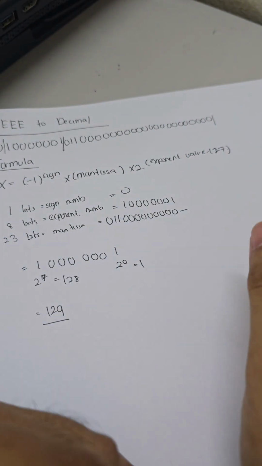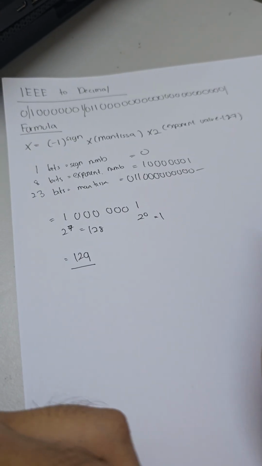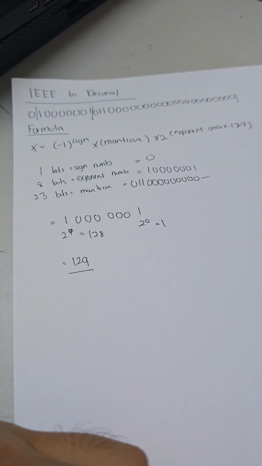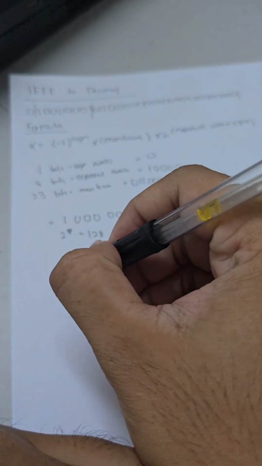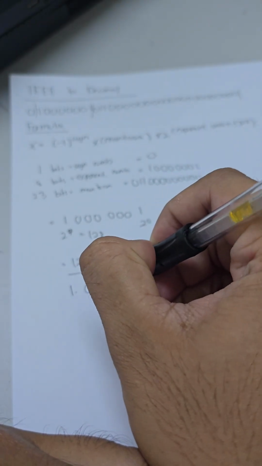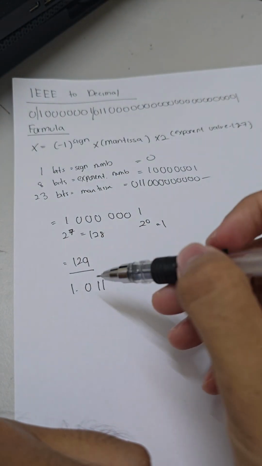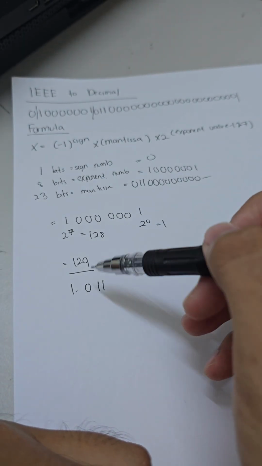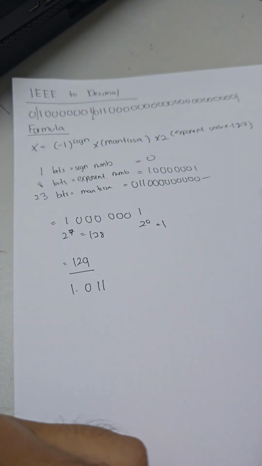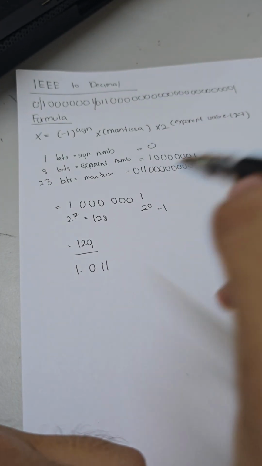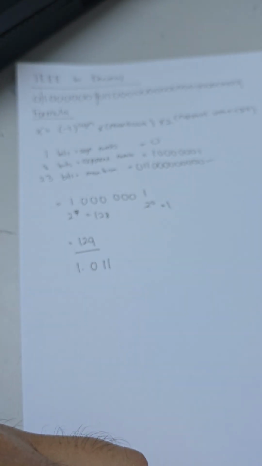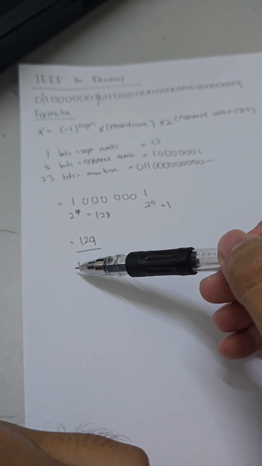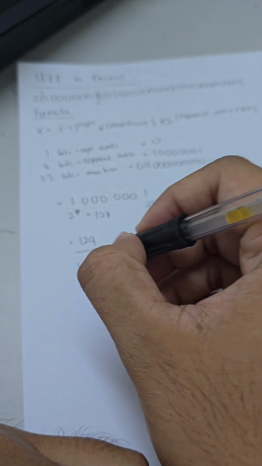This is our exponent number. For the mantissa number, this is quite unique and quite complicated. From the previous example, our normalized number is 1.011. We need to know the mantissa value for our formula. The 1 in front of the dot we have nothing to do with, so we have 1 only.